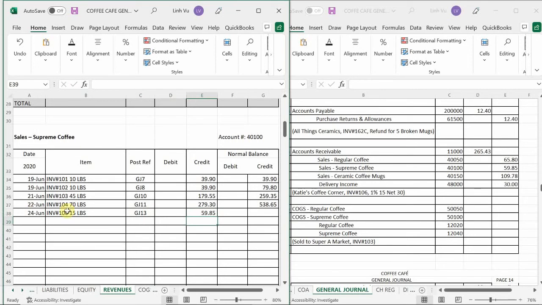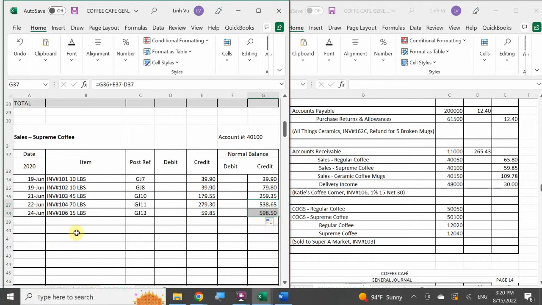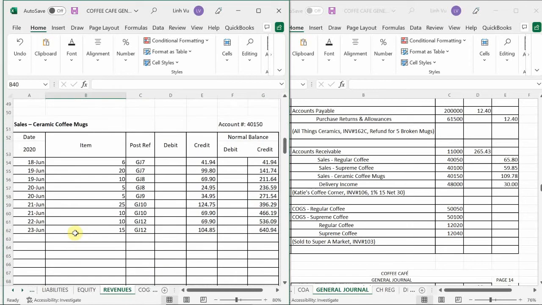That would give us 598.50. Okay, and in sales ceramic mugs, there were 22, page 13, for $109.78. That gives $750.72.